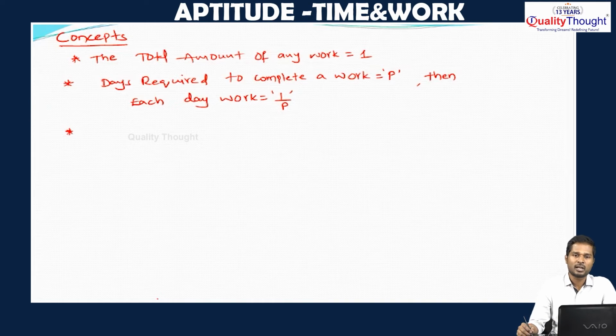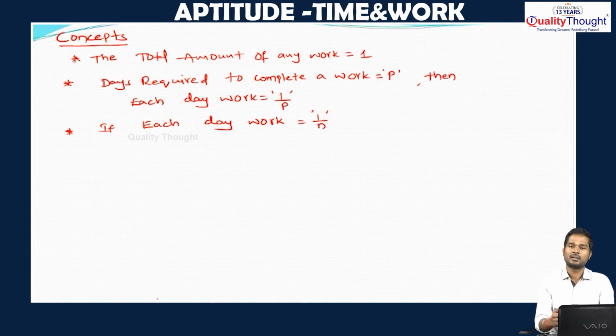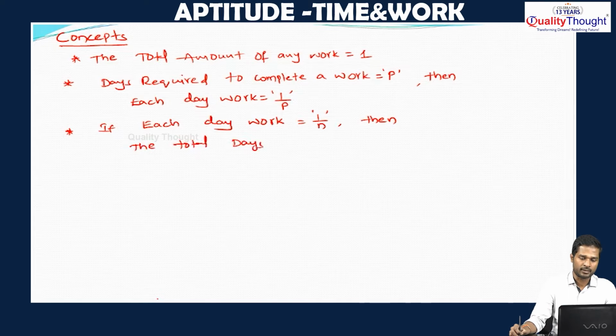If a person completes 1 by n of the work every day, that is, each day work is equal to 1 by n, then the total days required to complete the work is n.